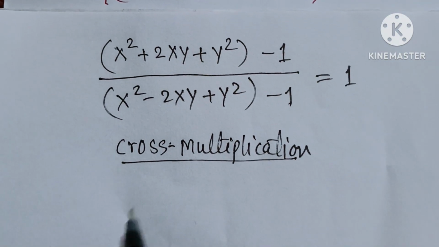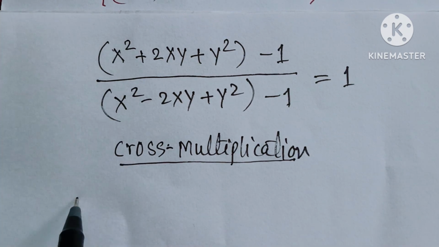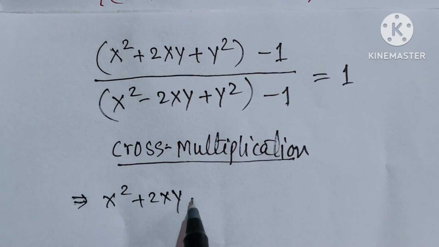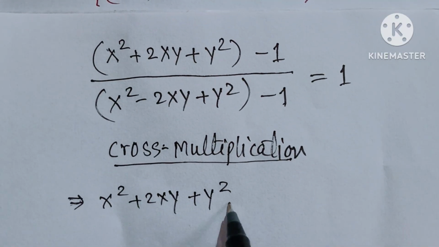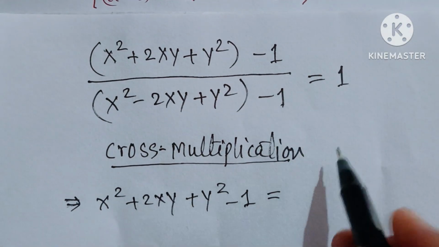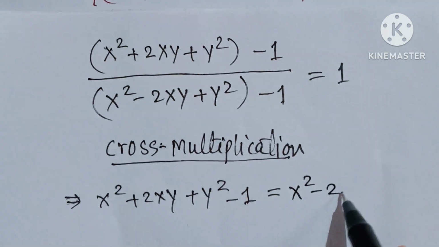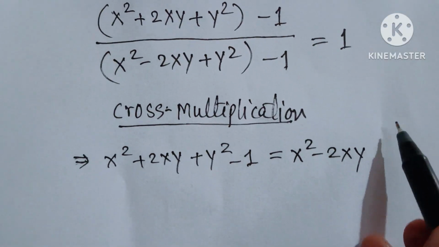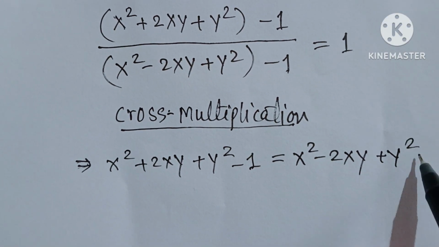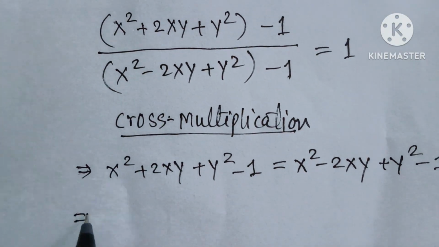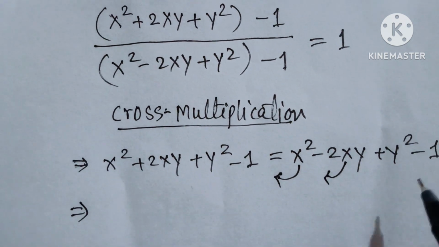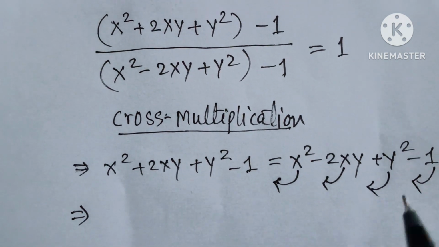So we get x square plus 2xy plus y square minus 1 equal to this quantity multiplied with 1, x square minus 2xy plus y square minus 1. Now transfer this quantity here, this also this side, and this also this side.